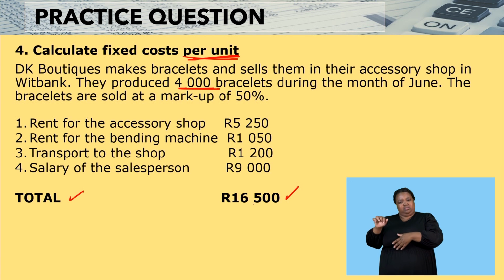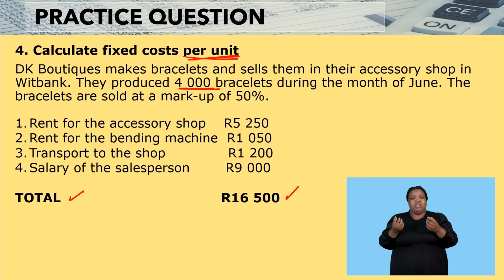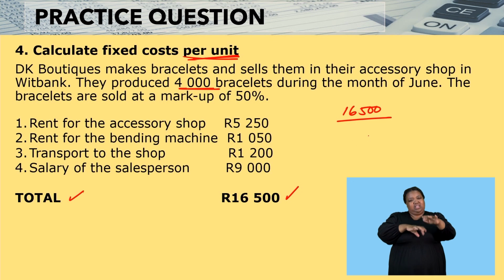So to find the cost per unit, we take the total fixed cost, 16,500, and divide it by the number of units, 4,000 units.